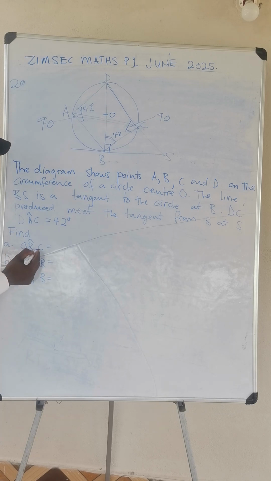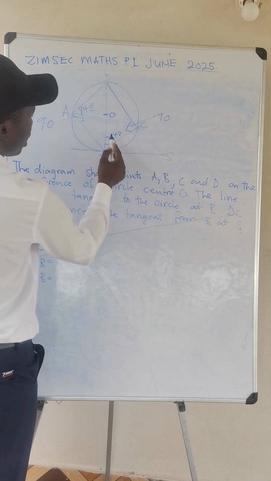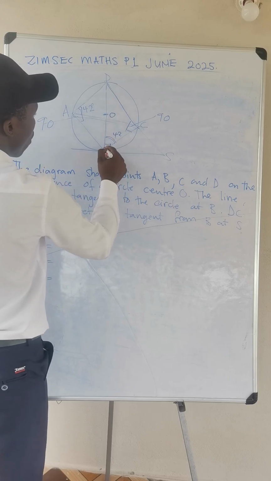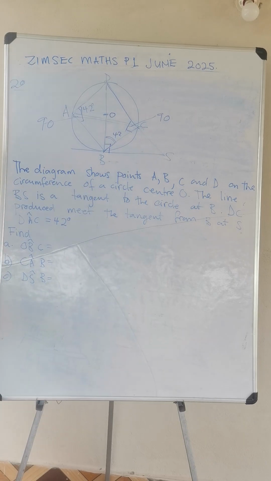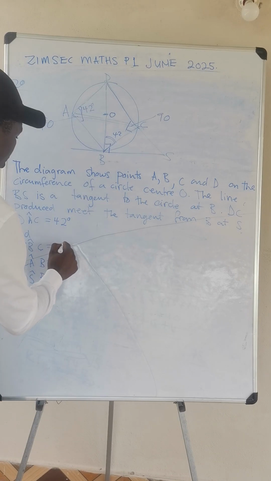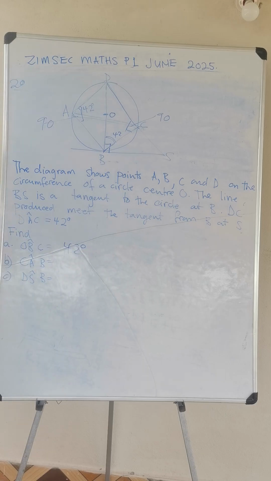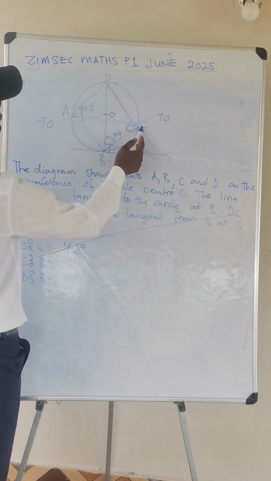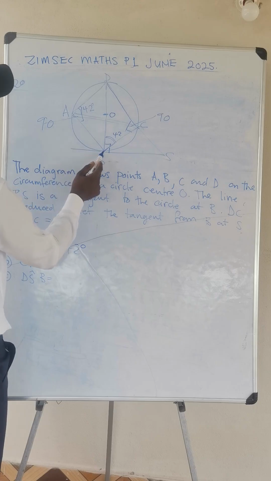Find the angle OBC. Here it's O, here it's B, here it's C. So they want this angle OBC, already filled. So OBC is 42 degrees. Okay, let's move. CAB.